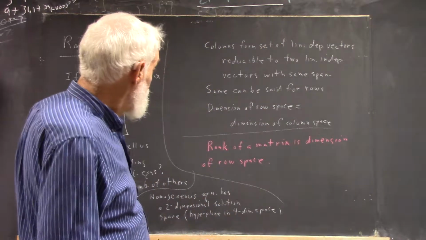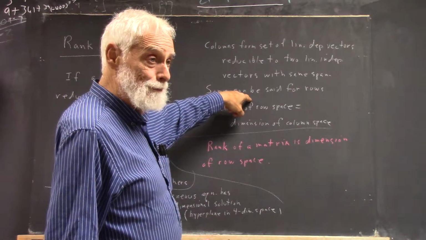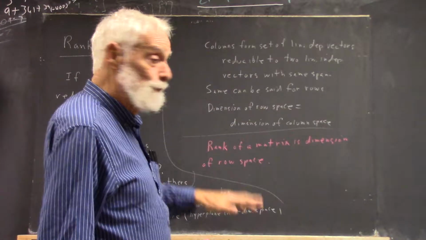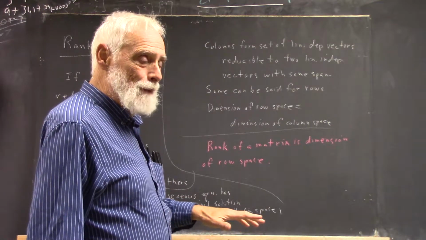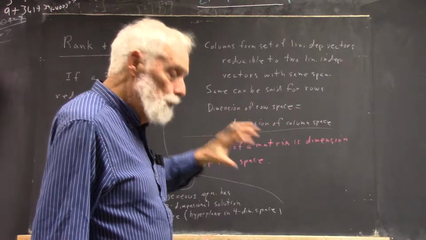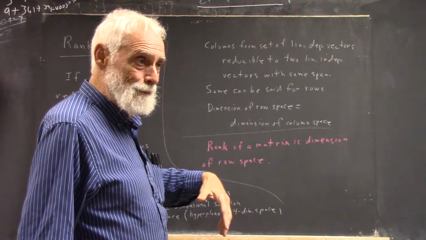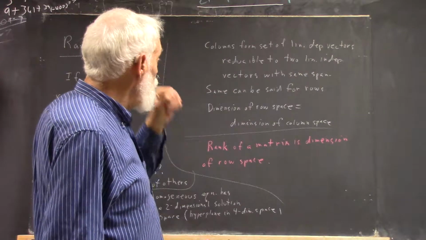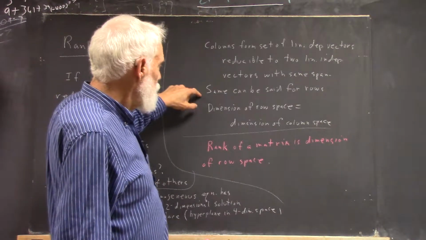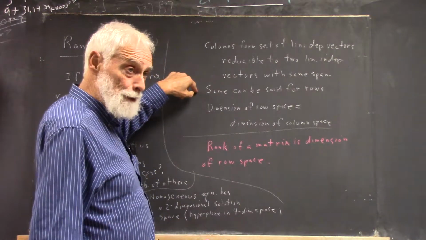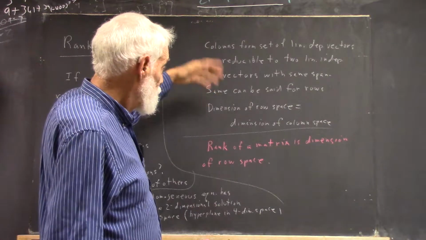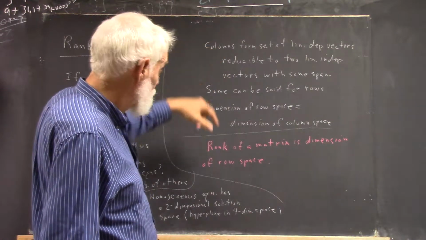Okay? And the same can be said for the rows. They've only got three rows. But they can be reduced down to two rows that are linearly independent and span the same thing. So we can make the same comment, even though the sets have different numbers of vectors.